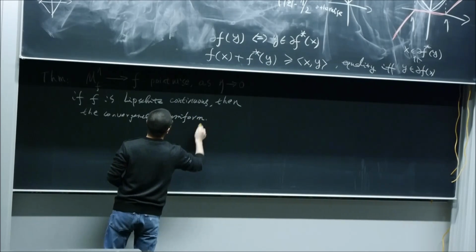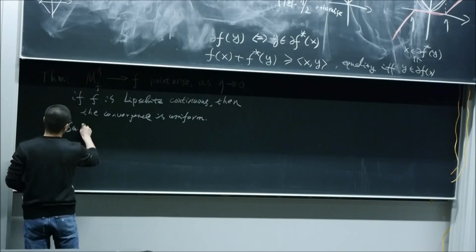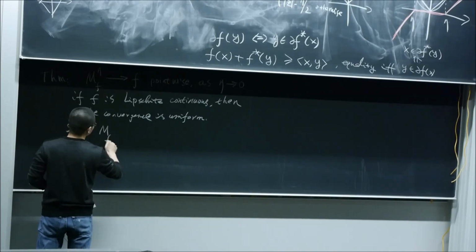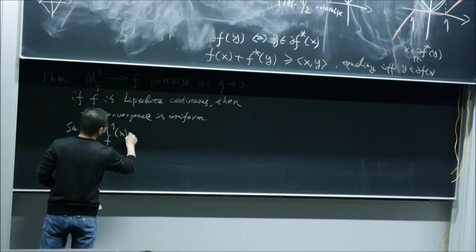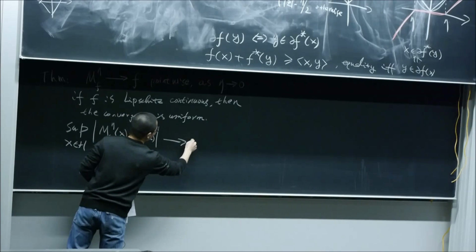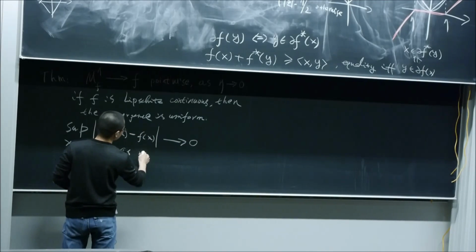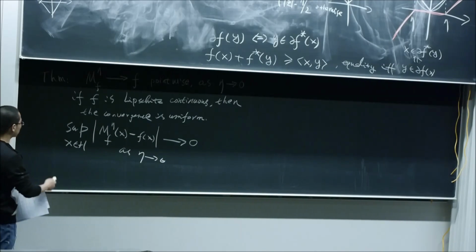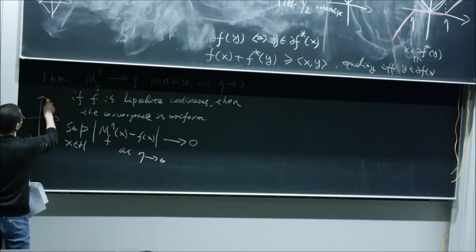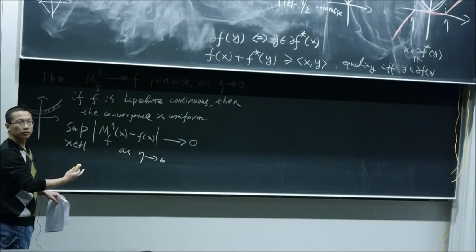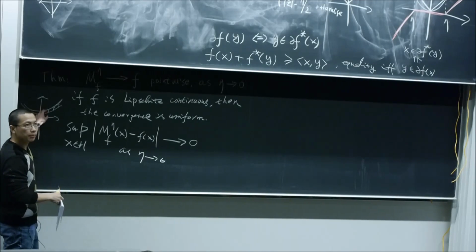By uniform, I mean if you take the sup over all possible x in the space, then the absolute value of M_f eta of x minus f of x goes down to 0 as eta goes down to 0. So this is a much, much stronger statement. Essentially it says if I have my function f and my envelope function, then the maximum gap goes down to 0.